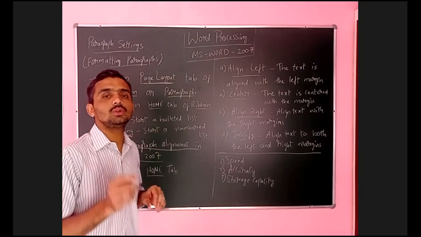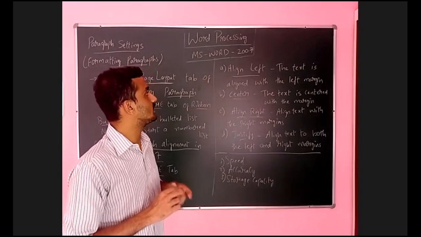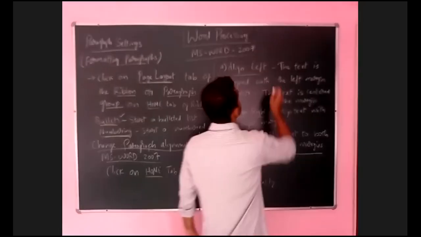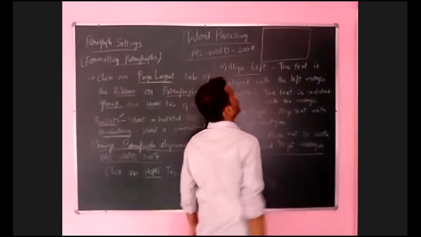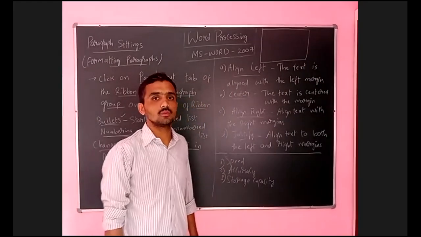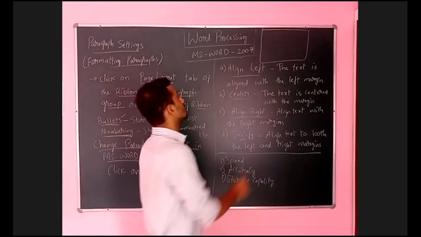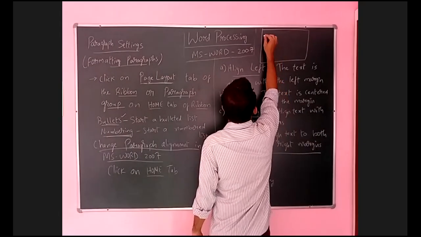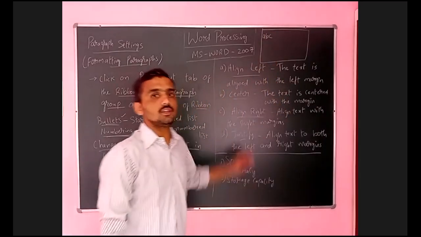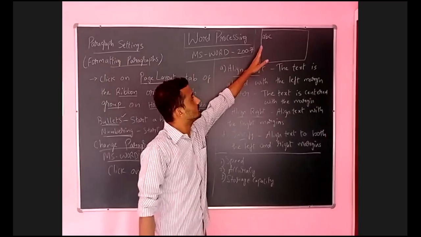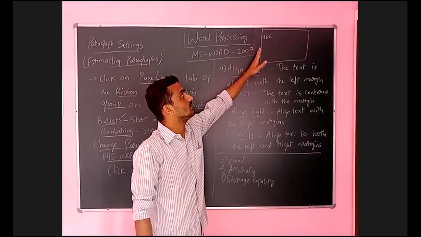So if I want to change the alignment, changing the alignment means, say for example, if we consider this as the document view, and if I write some word like ABC here, this is left alignment. That means we can say top left corner, or we can say left aligned.